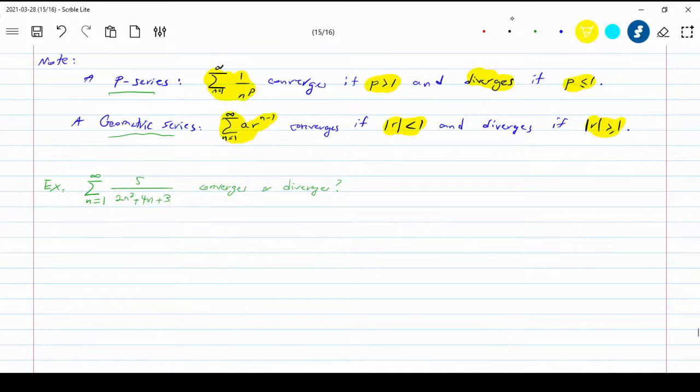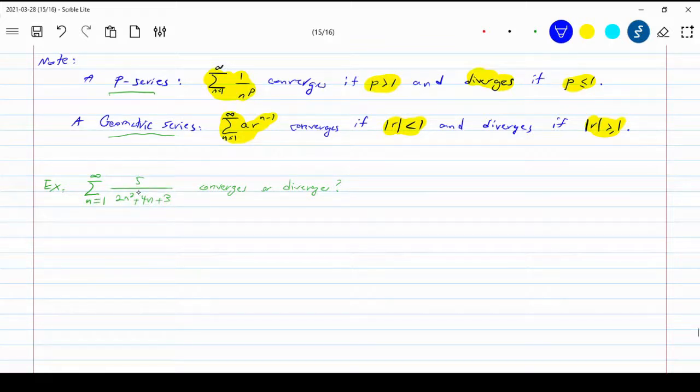Okay, so here, let's look at this example. The summation of 5 divided by 2n squared plus 4n plus 3. Is this a convergent or a divergent series? One thing that you can ask yourself is, can I use the integral test? And the answer would be absolutely.